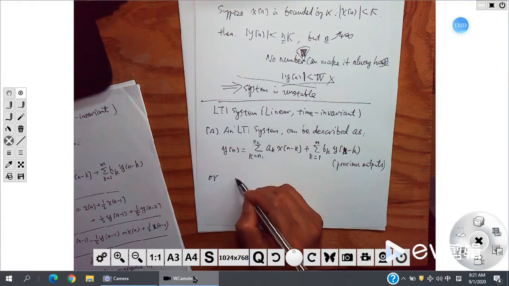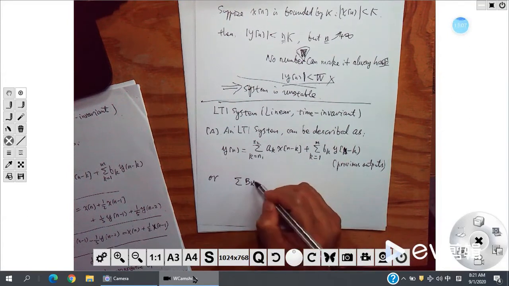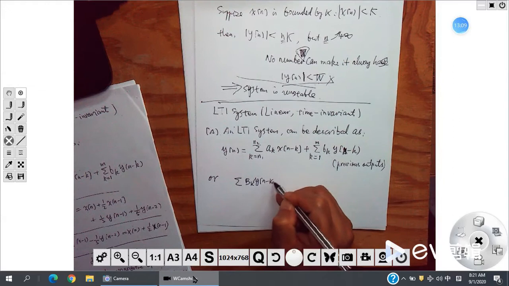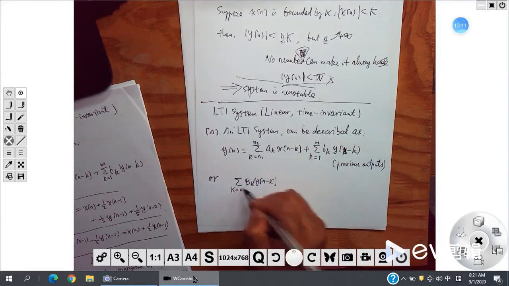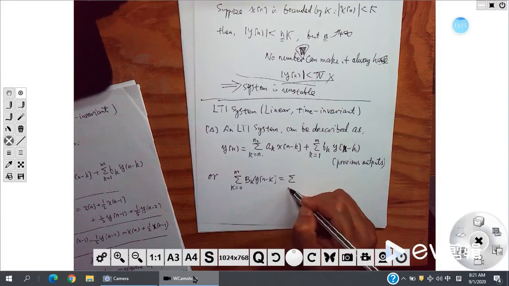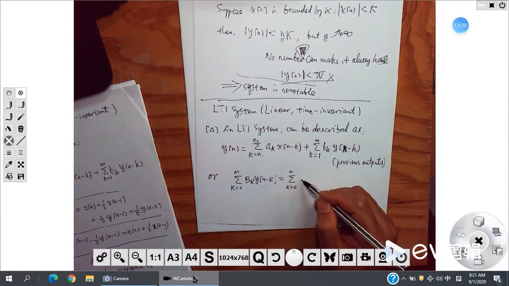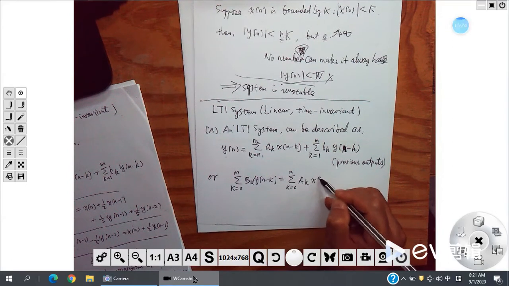I write it this way: summation b_k times y of n minus k, where k runs from 0 to m, equals the summation of a_k x of n minus k.